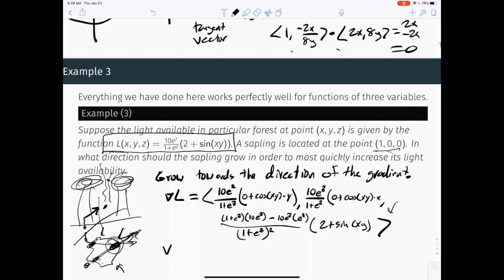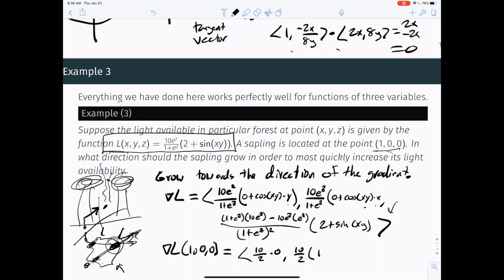All right, so take the gradient at the point (1, 0, 0). So I guess x is 1 and everything else is 0. So we get 10, because e to the 0 is 1, 10 over 2 times 0. Okay, so there's going to be a y there, that'll be 0. And then we'll get 10 over 2 times cosine of 0, which is 1, times 1.